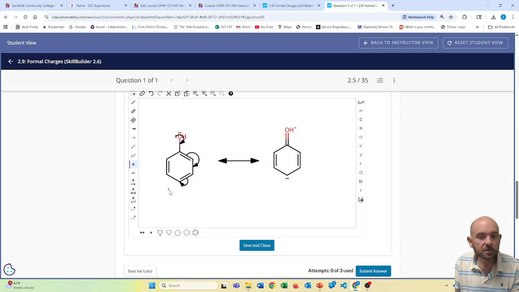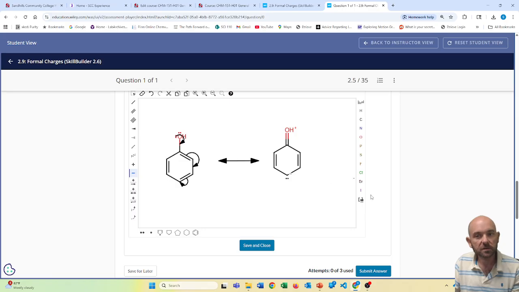So that means it has 1, 2, 3 bonds. That means there had to be a bond to hydrogen here. So now that we've completed the resonance action, we have 1, 2 bonds to carbon. The third implicit hydrogen is still there for a third bond, plus 1 lone pair of electrons makes this a carbanion. So we're going to show it with a negative formal charge, just like that.